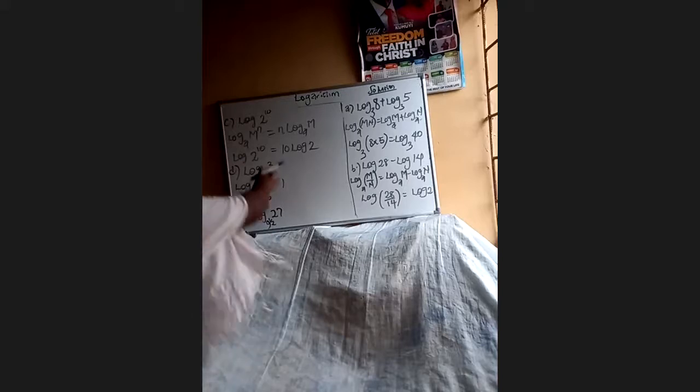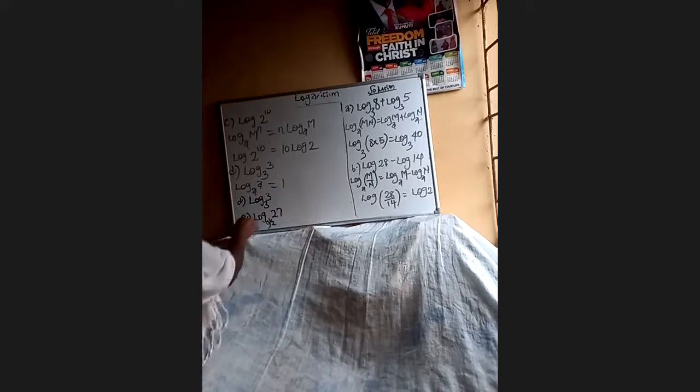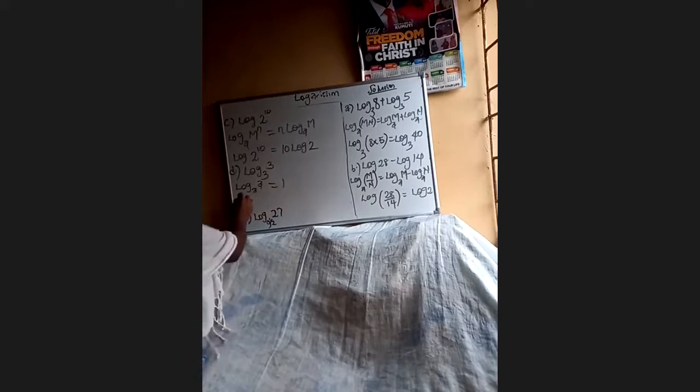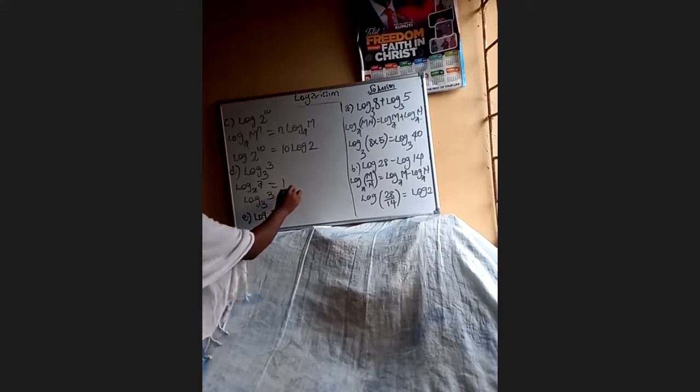When the number and the base are the same, it is 1. So logarithm of 3 base 3 is equal to what? 1.